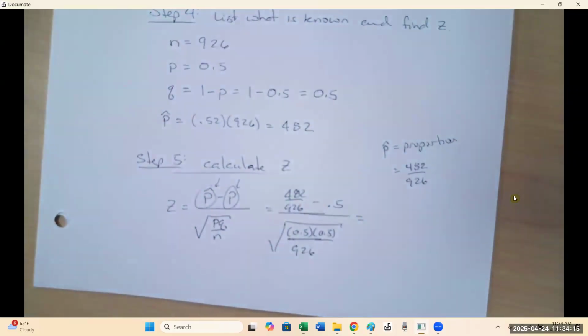But what is the proportion value? It's a percentage type.